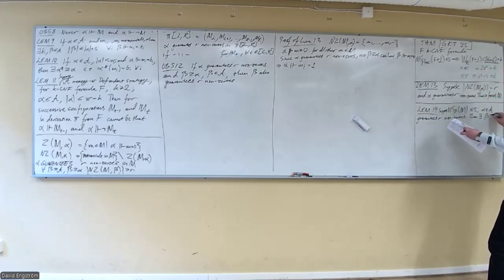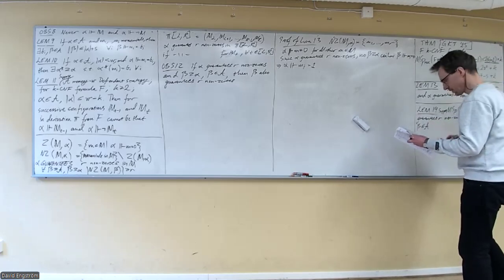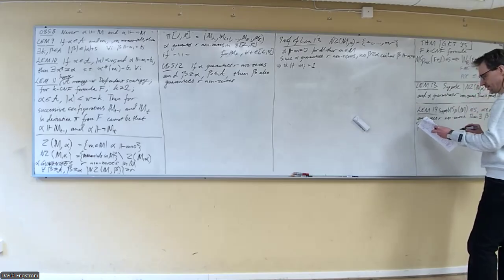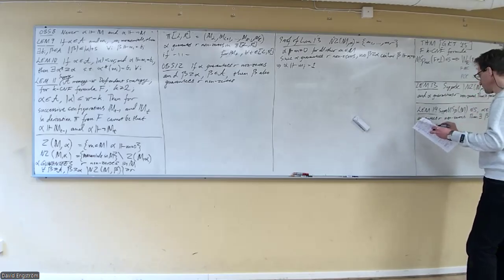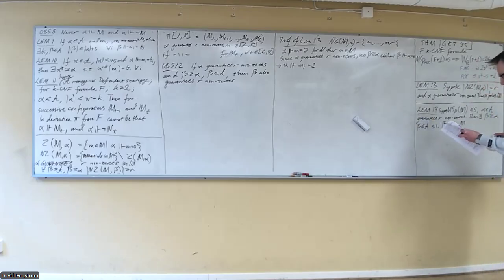Then we can find a beta extending alpha, beta in the family, such that beta forces the configuration M to some value, and beta is not too large. It's the size of alpha, at most the size of alpha plus S minus r.